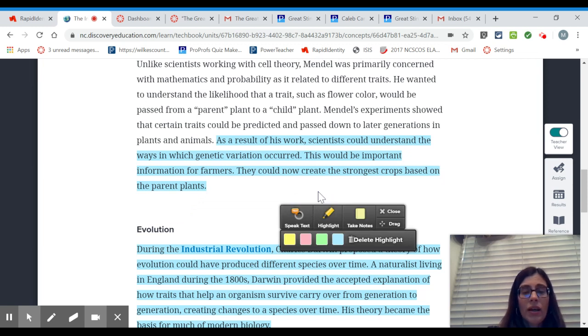And of course, now more than ever, we look to our genetic variations when we want to know about diseases which we might inherit and those diseases which we are trying to prevent that could be genetically passed on. So in 2020, it's not so much about the farmers and the crops anymore as it is about the humans and how we can prevent ourselves from inheriting diseases.